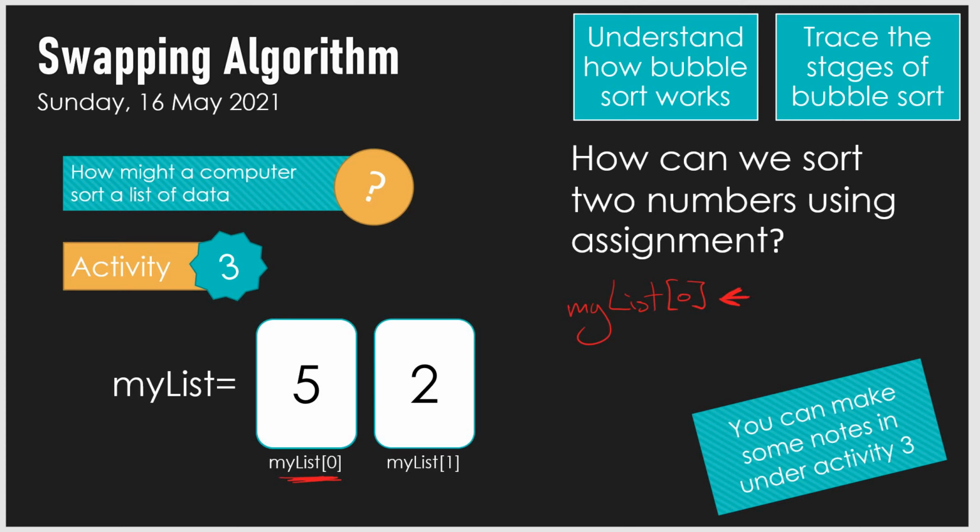We would say, for example, let's say 6. So what this would do is it would take the value 6 and store it in this index like so. Now we don't want to store the value 6 there.